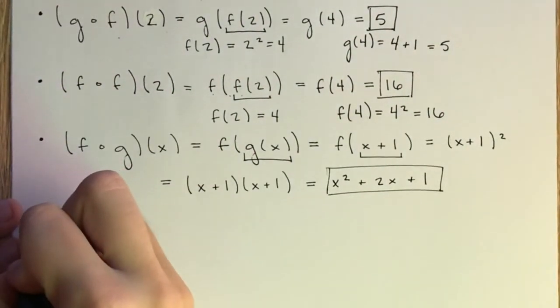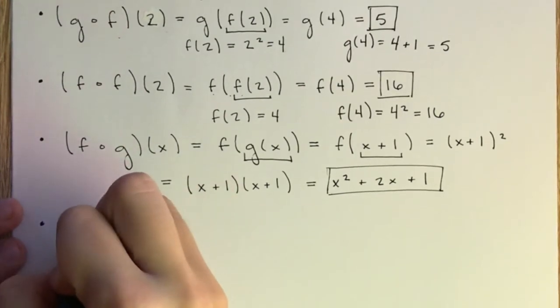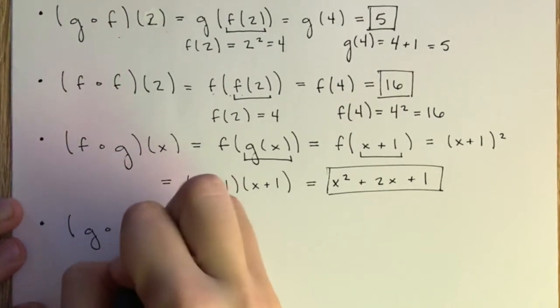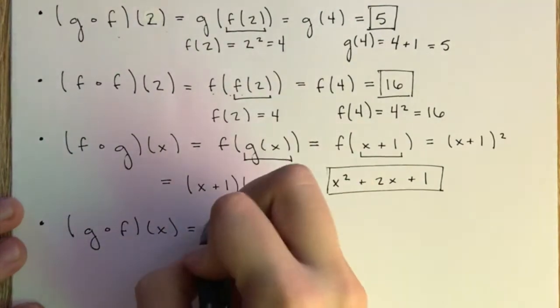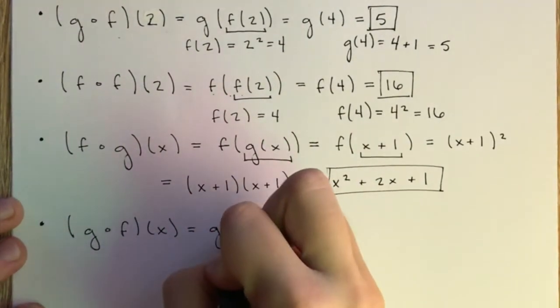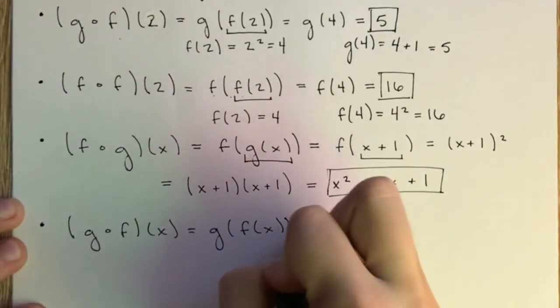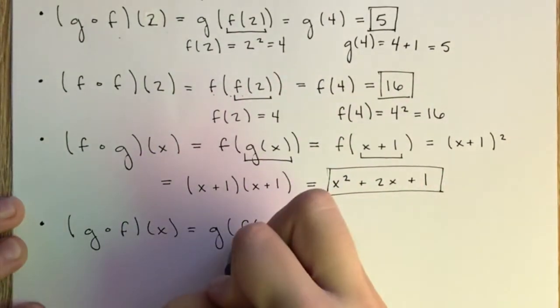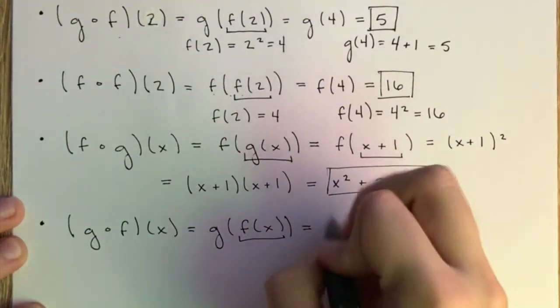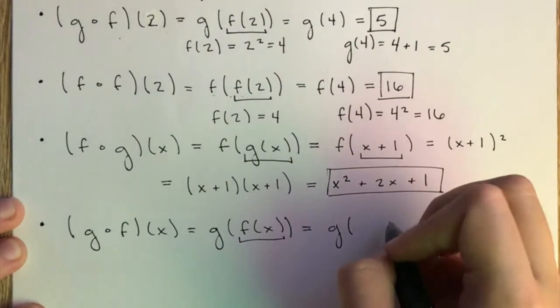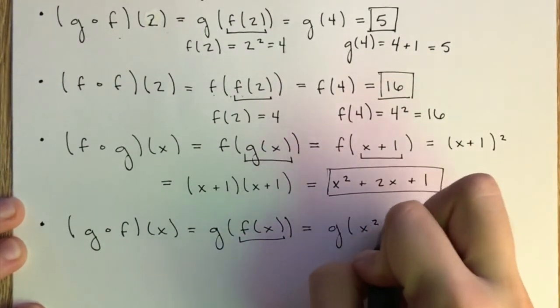Let's look at g of f of x. Again, our definition says g of f of x. We want to replace f of x with what it's equal to. We know that f of x is x².